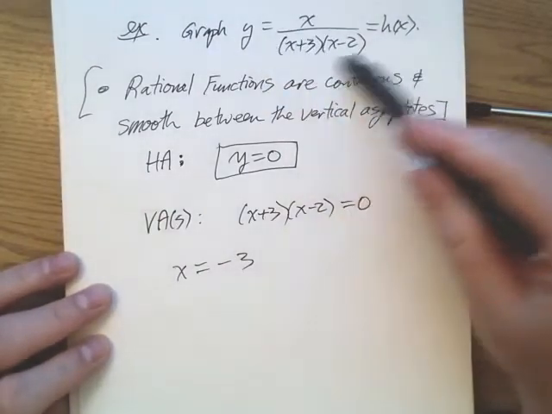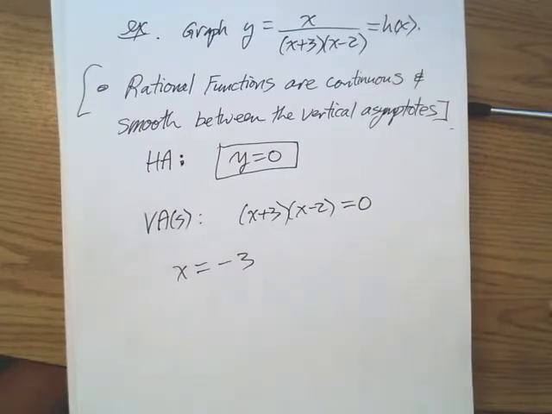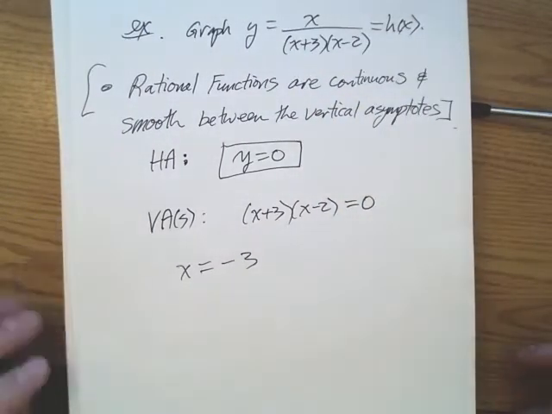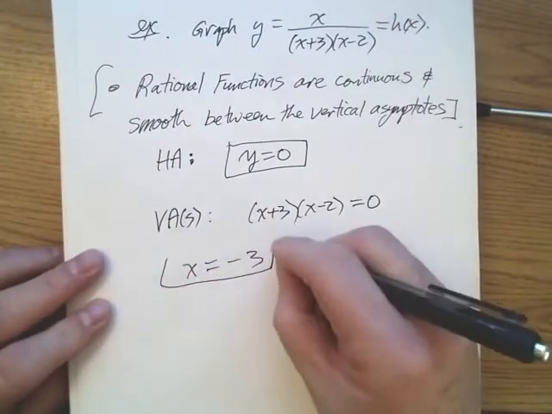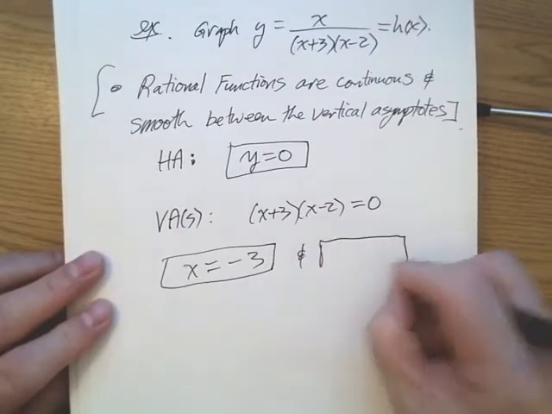So if there is an irreducible quadratic in there and you got complex answers, those would be of no use for us when we're talking about a real graph. But at this point, I promise not to use any irreducible quadratic factors anyway. So here we go. I got x equals negative 3 and x equals 2.